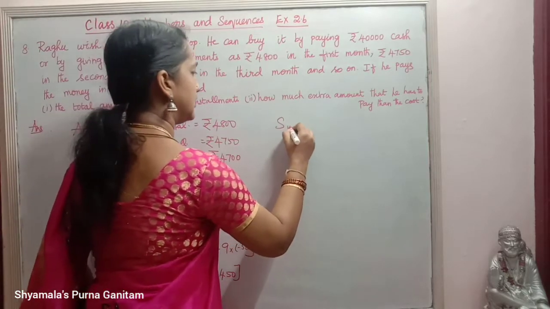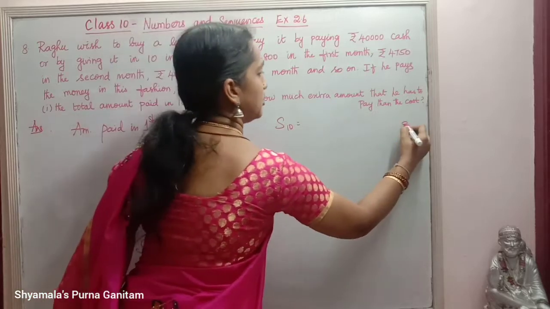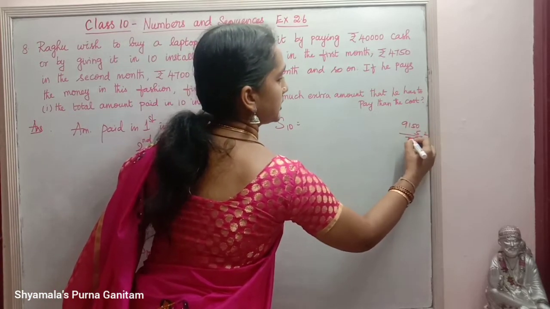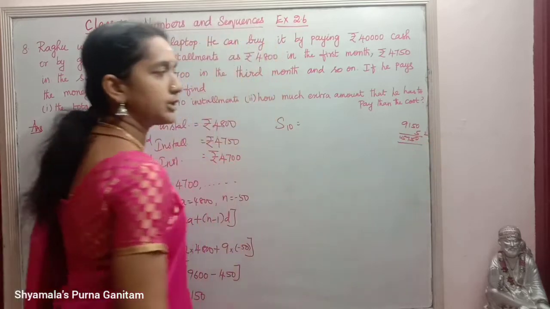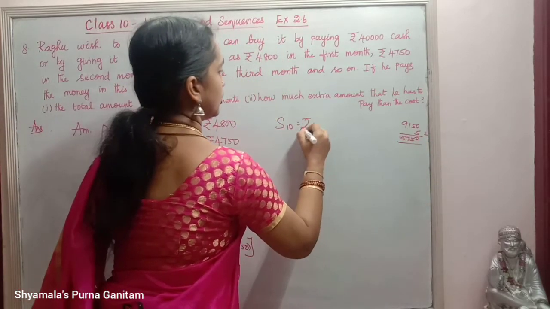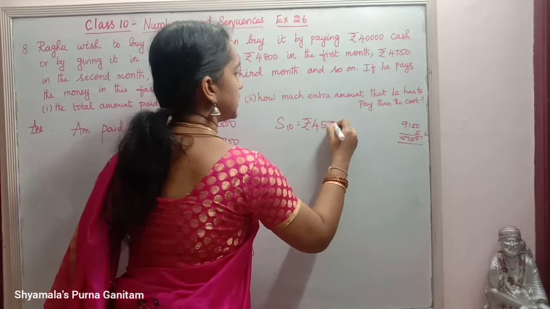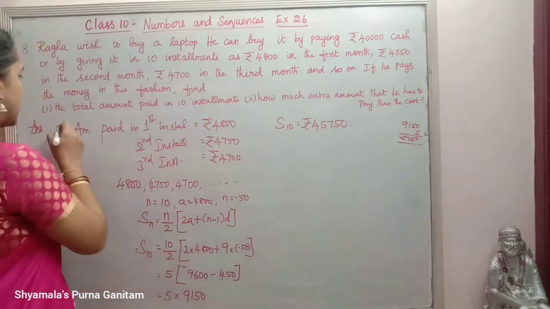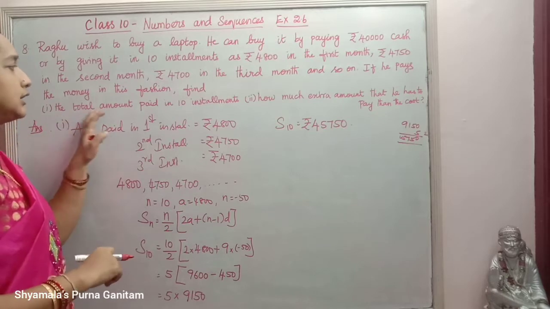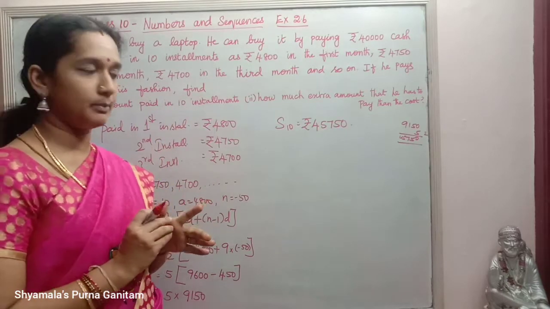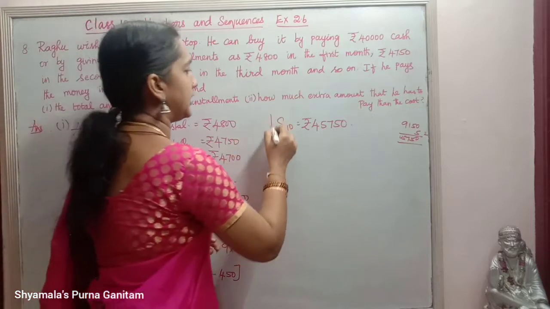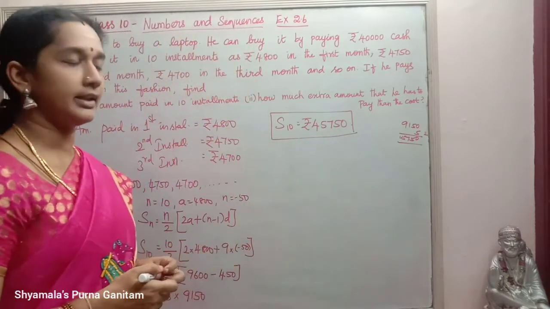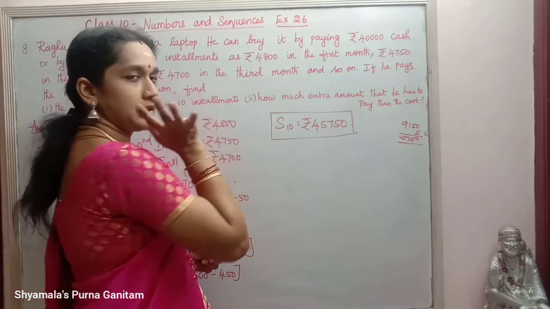So S10 is equal to 9,150 into 5. 5 5s are 25, 45,750. So rupees 45,750. For the first question, that is the total amount paid in 10 installments, the answer is 45,750.